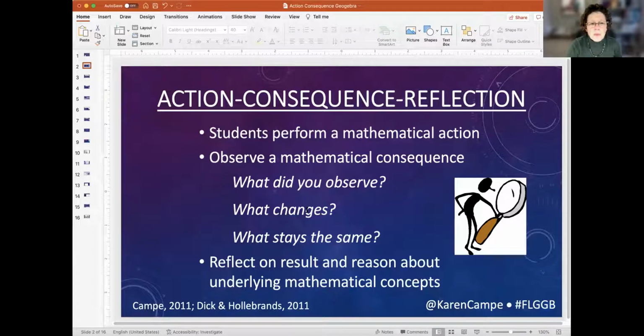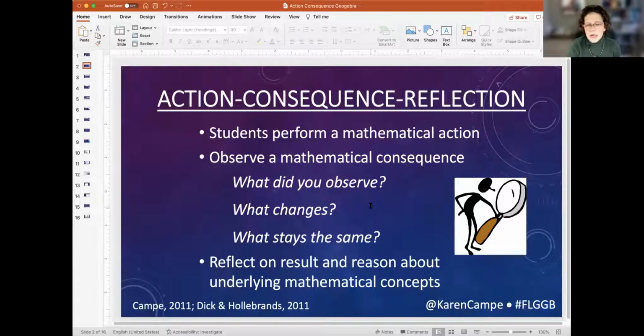The middle part, observing the consequence. The danger if we just have students performing the action and observing the consequences is that we need reflective questions to give students an understanding of what's going on.